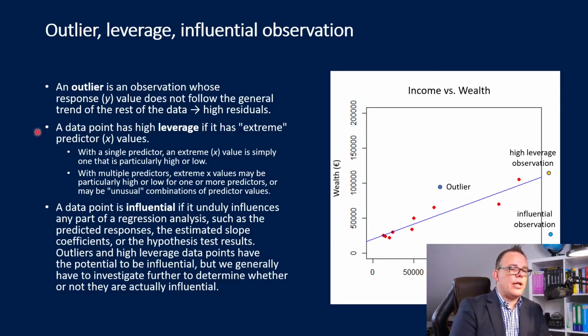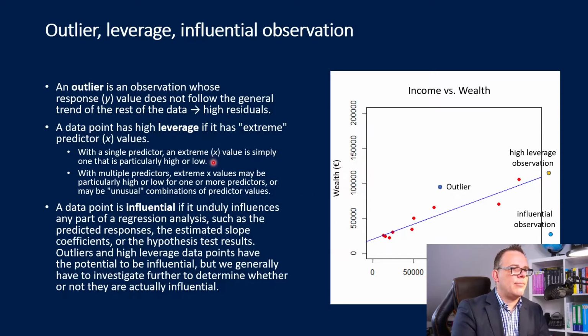A data point has a high leverage if it has extreme predictor values, so extreme x values. If we look on our right hand side, here we see this yellow point and it's quite far outside on the right hand side. It could also be very far on the left hand side, but that's a high leverage observation. Of course, it is quite easy if we only have one independent variable.